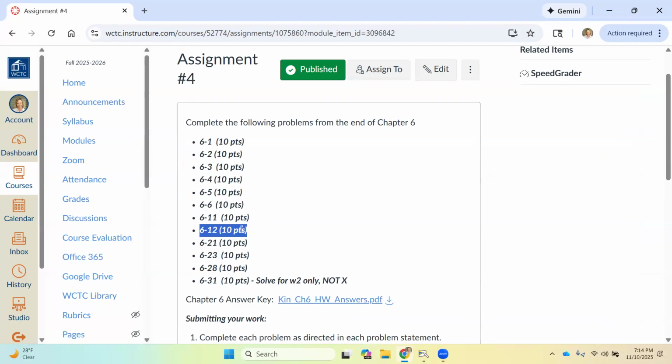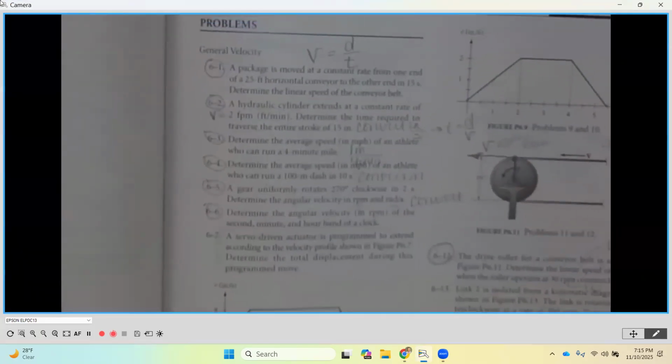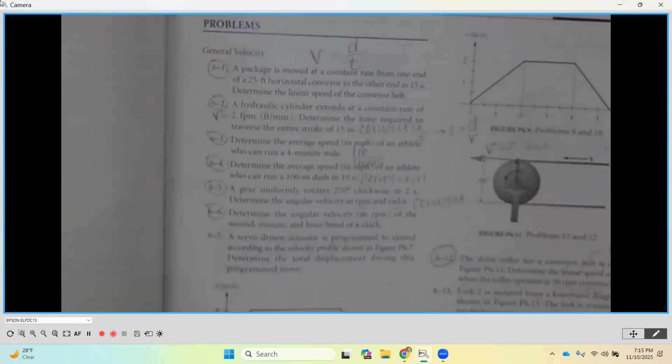In your book, I think starting on page 161, if I remember correctly, yep. On page 161 is where the problems start for chapter 6. The first problems, 1 through 6, are going to be primarily rectilinear velocity.